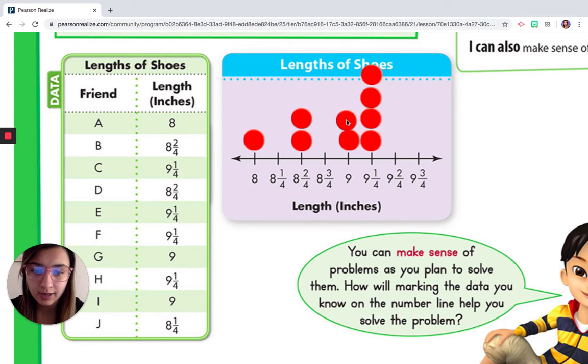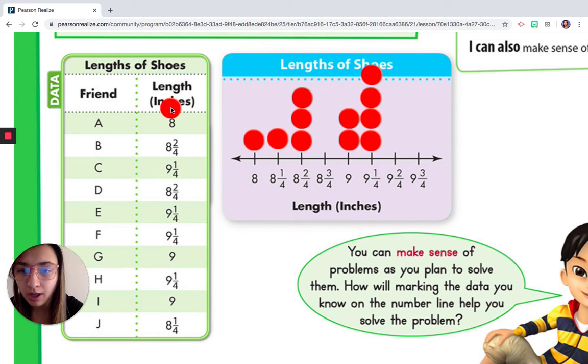A 9. An 8 1/4. And then mine, I'm going to pretend I measured, and I'm going to put mine at 8 2/4. So there we have plotted all of the lengths of the shoes.